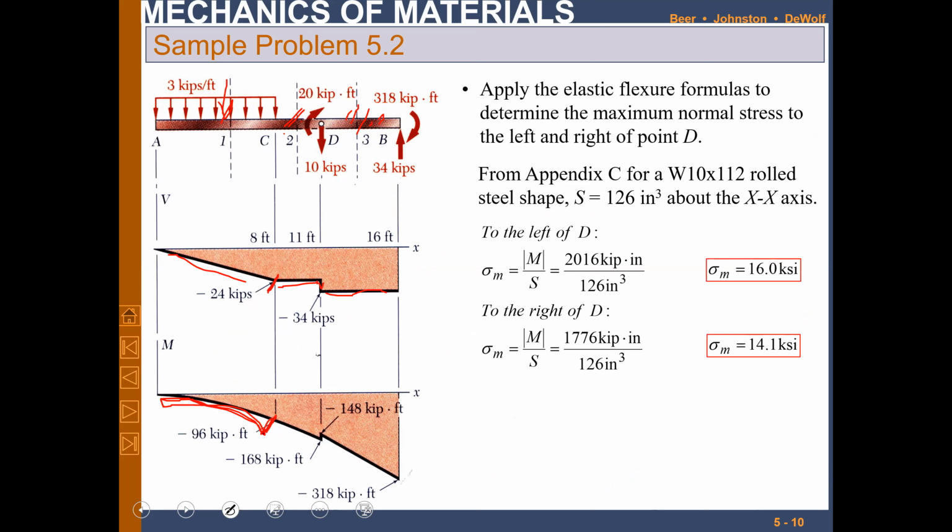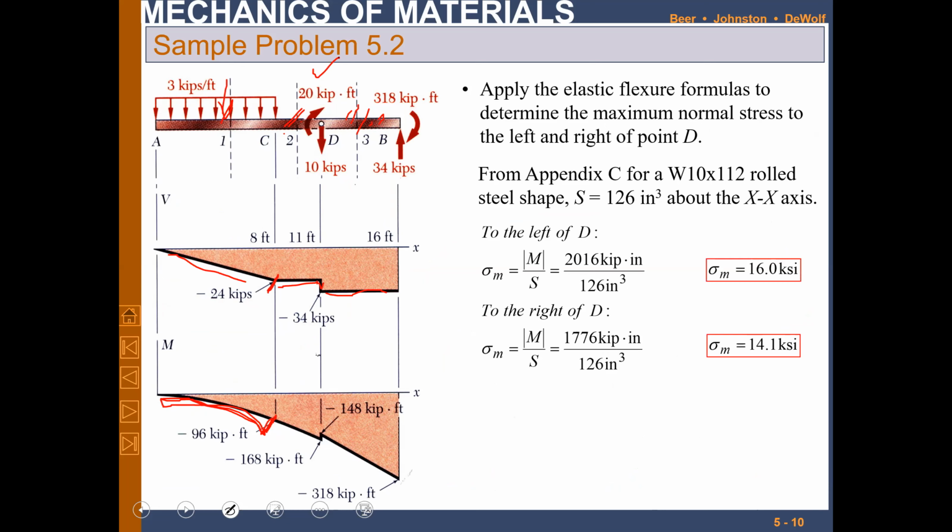Now what happens over there? See, you have an additional 20 kips feet negative moment also there. So initially it will go to 168, and then you will subtract that 20 from that one, right? So minus 168 minus 20 will be minus 148.